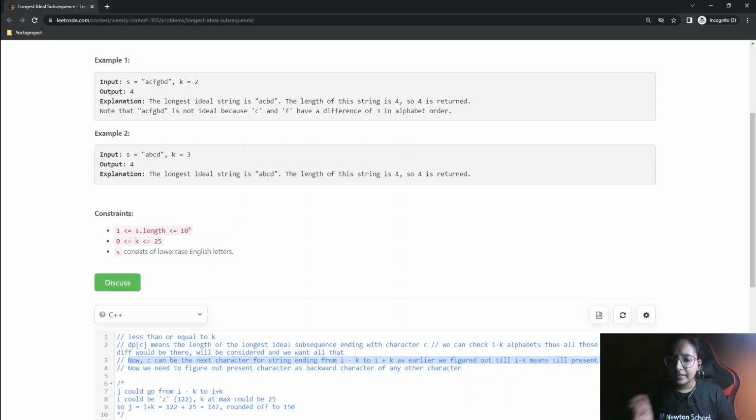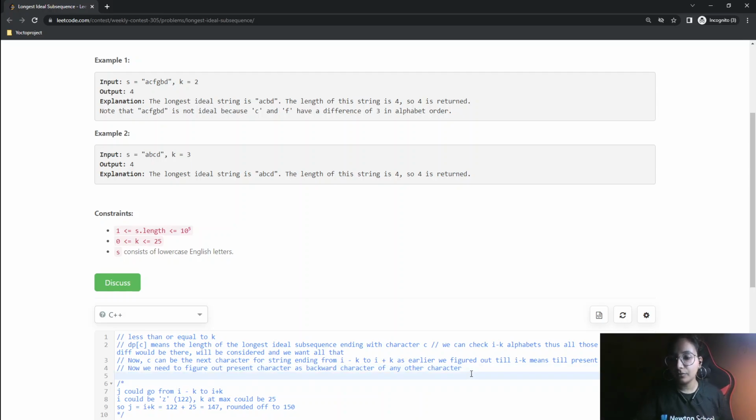So the thing is that this C, which earlier was the last character, now this could be considered as the first character also of another subsequence, right? So that's why we are required to define a range which would be between this. So this is the whole crux of this question, that how we were required to define a range for the same question. And now we need to figure out present character as backward character of any other character.